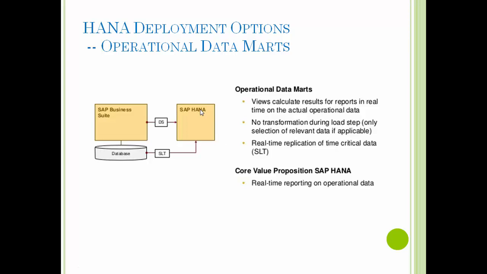In this, operational data from source system can be replicated to SAP HANA for flexible operational data mart and query performance by either using real-time replication or periodic load. So these technologies can be used for either real-time replication or periodic load, and thus data from operational system is loaded into SAP HANA.